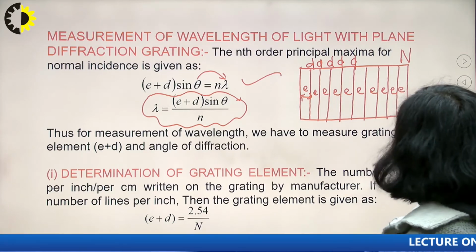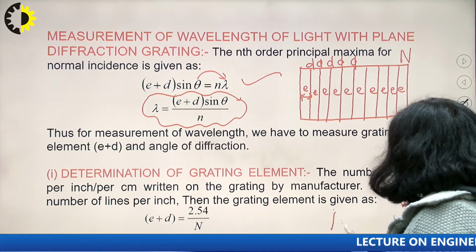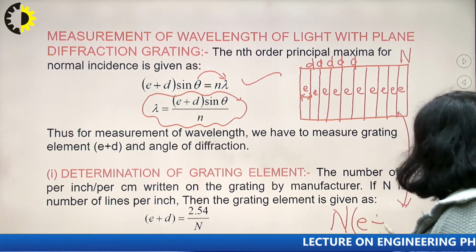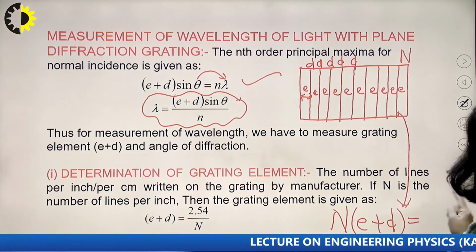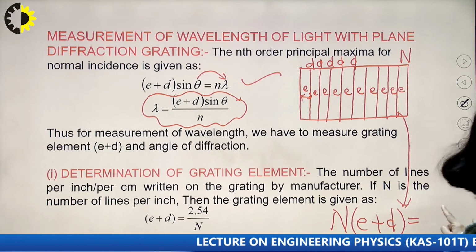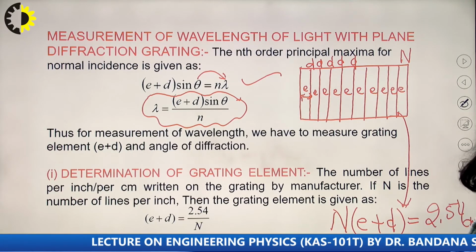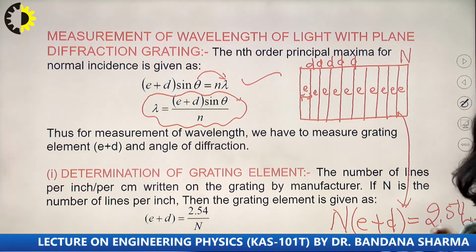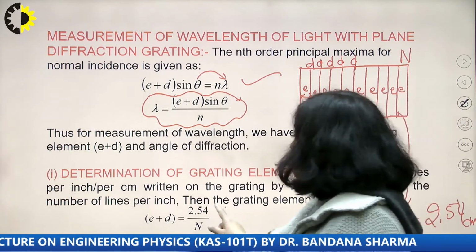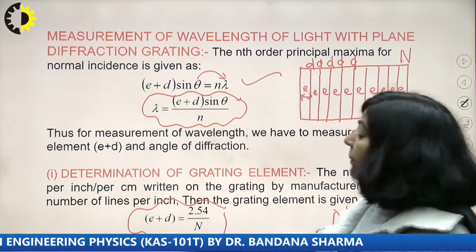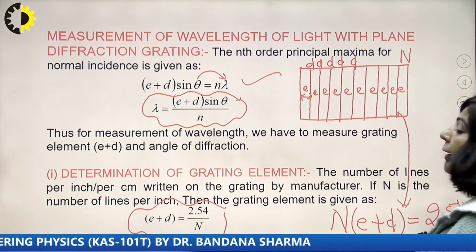So I can say that N times E plus N times D, that total will be equal to 1 inch, and you know that 1 inch is approximately 2.54 centimeter. So from here, what will be the grating element? It will be 2.54 upon N.